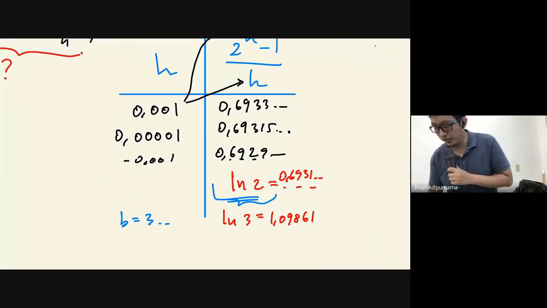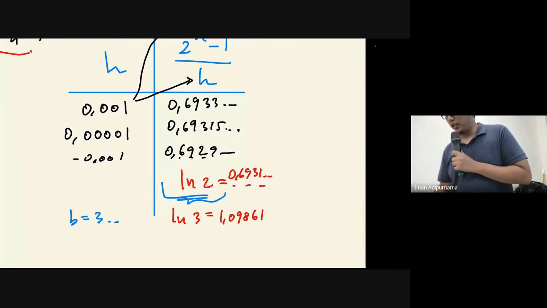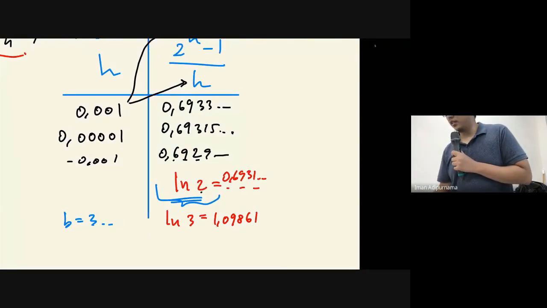I will later show you the theorem. There will be some number, okay, some number in between these 2 and 3 that will be equaling 1. Okay, there will be a number here. Okay, there will be a number here. This black circle here, that will be equaling 1.